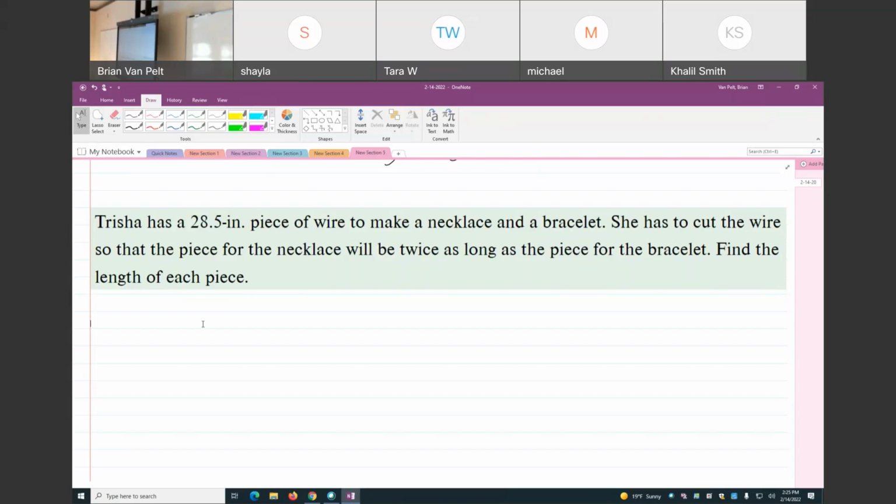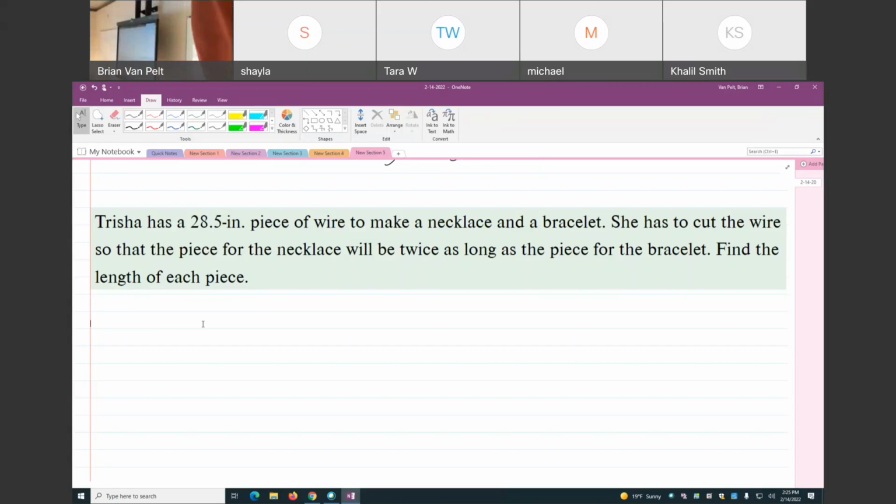Anybody think they got it? You guys think you have it? Let's take a look at our equations.